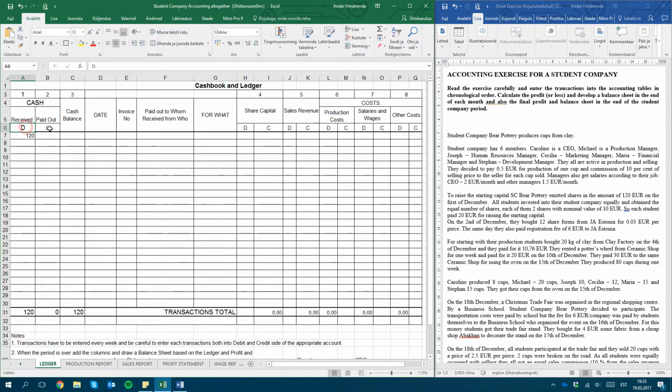What I mean by debit and credit: whenever there is cash coming in, it is debited, and whenever it's paid out, it is credited. So this is actually an accounting system. The accounting system consists of accounts, and here we have the cash account, and every account has a debit and credit side.